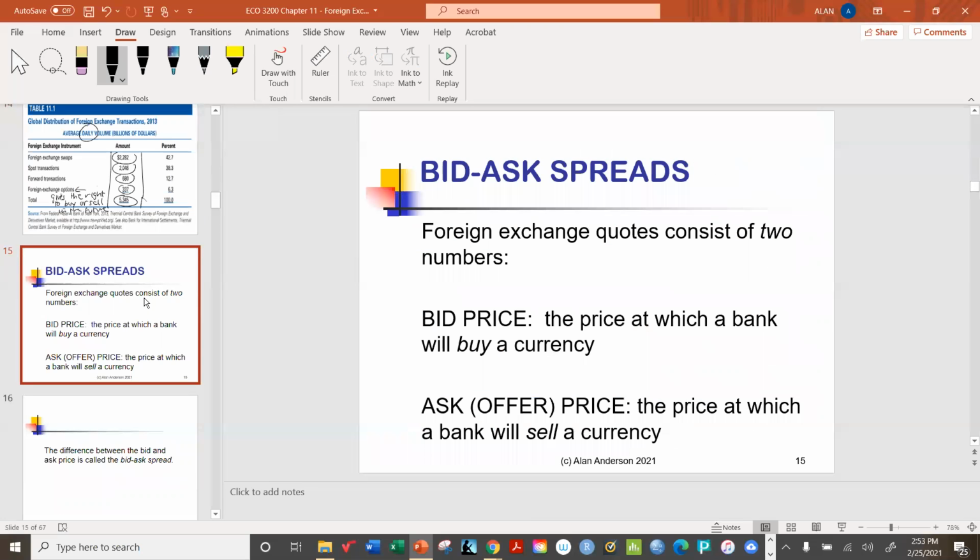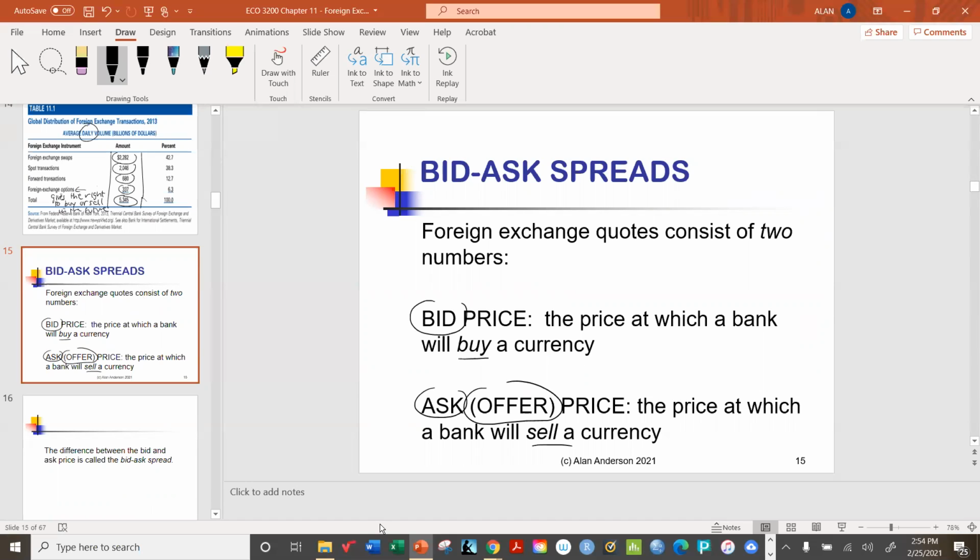There are typically two numbers, not just one, but two, that tell you how much you could either buy your currency at or sell it for. And so these two numbers are known as the bid price and the ask or offer price. So the bid price is the one at which the bank or dealer is willing to buy the currency, and this is the one at which it's willing to sell it.